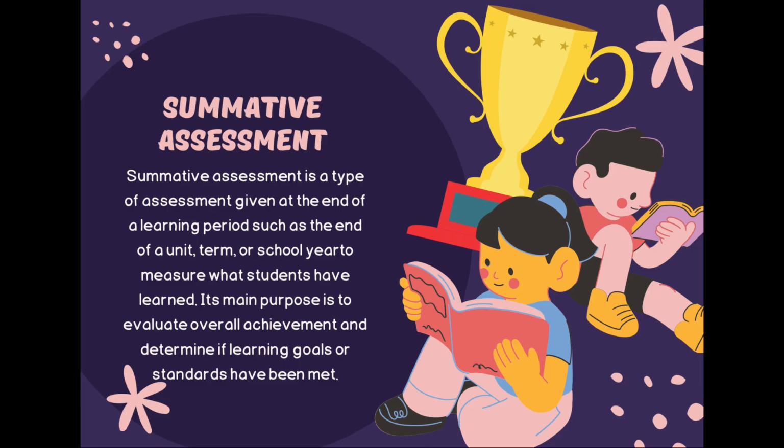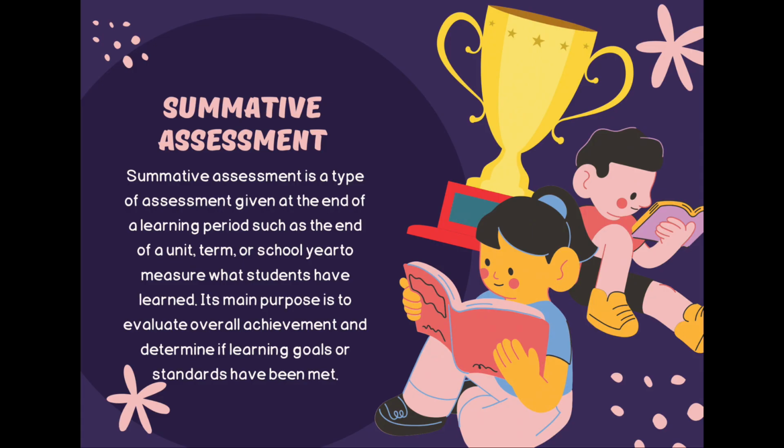It helps teachers and schools see if their teaching methods and curriculum are working. So it happens after the lessons are done, so it's too late to change how or what is being taught.